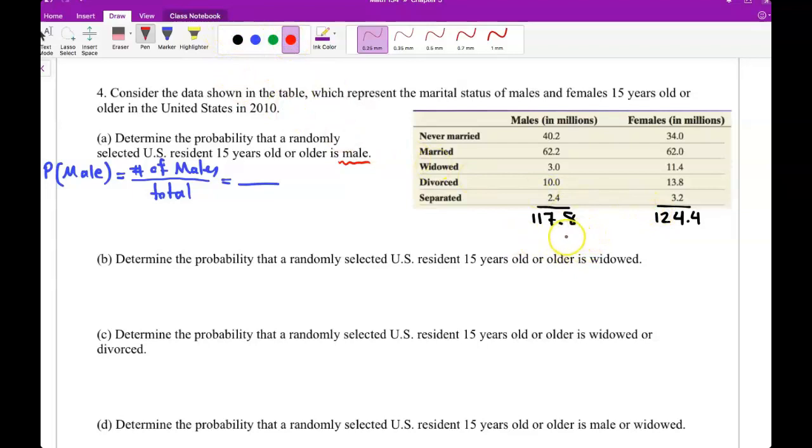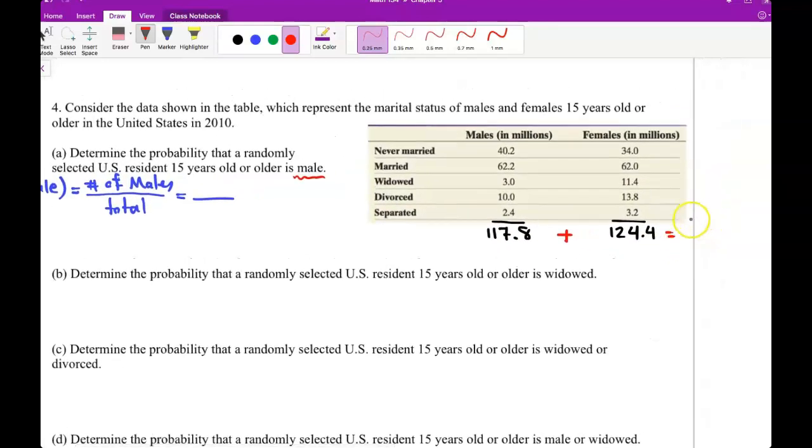And we need to know how many is in denominator. So what is a number of outcomes total? Males plus females is equal to 242.2. So this is total.